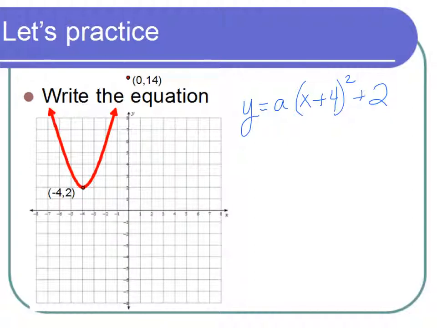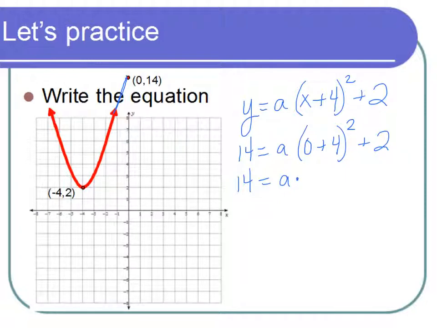I'm going to walk you through the a part. Okay, the y value of this extra point that the parabola is supposed to land on up here would be 14 equals a, plug 0 in for x from the point, square it, +2. We end up with a times 4 squared, which is 16. Add the 2.